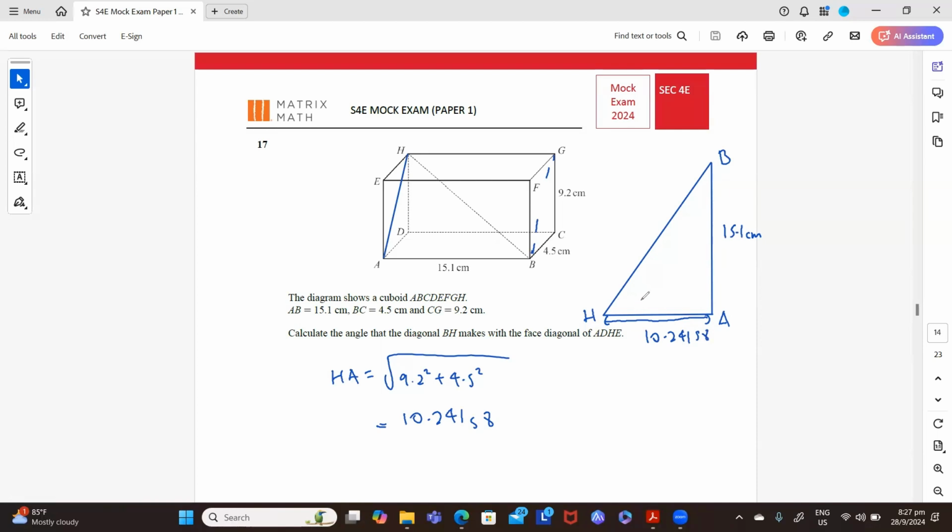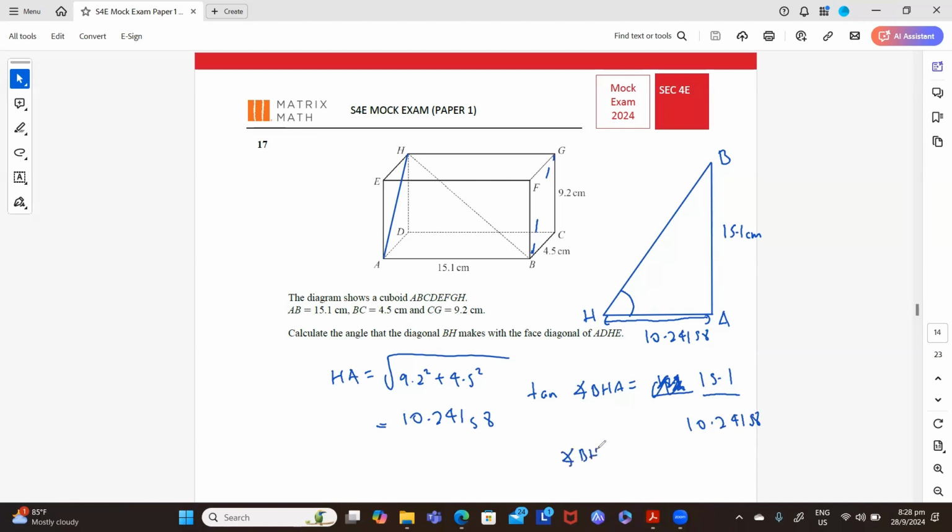Okay, so the question wants you to find this angle over here. So now you can use tangent, opposite over adjacent. So tangent of angle BHA equals 15.1 over 10.24158.